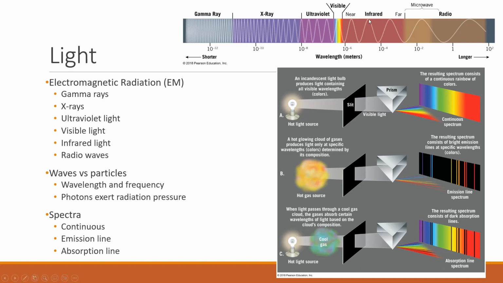The number of seconds it takes for the spot where this peak was to have the next peak is the period. If we do 1 over the period, that's called the frequency. So the number of peaks that go through a spot in 1 second is the frequency, and we measure that in hertz.